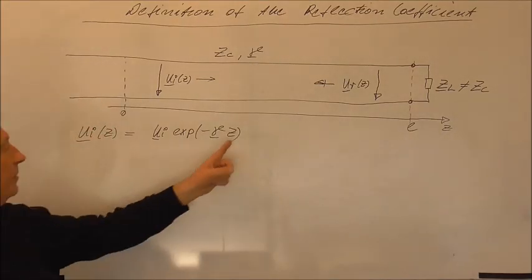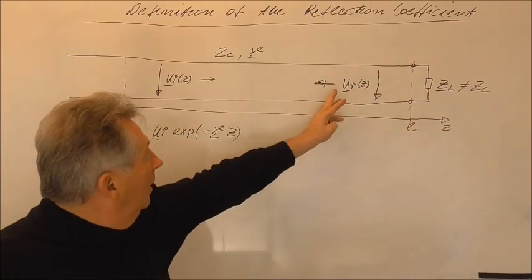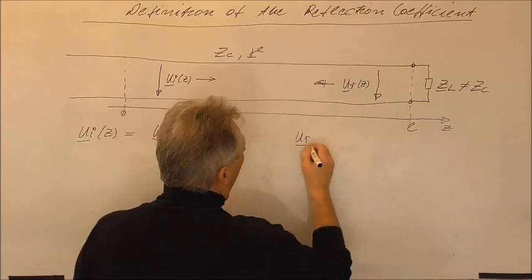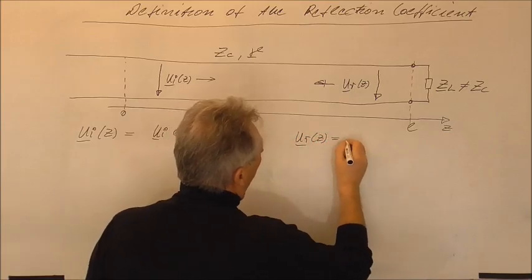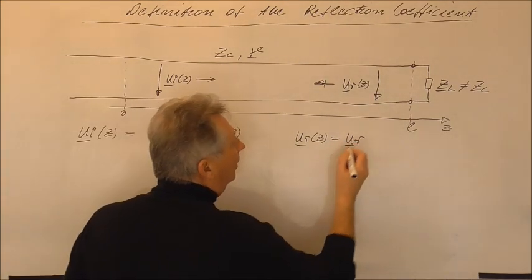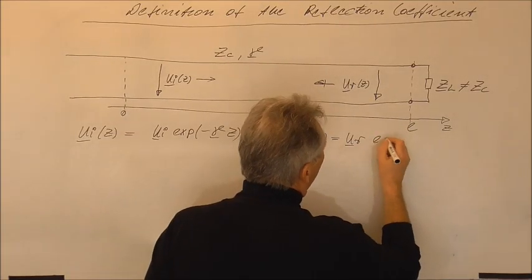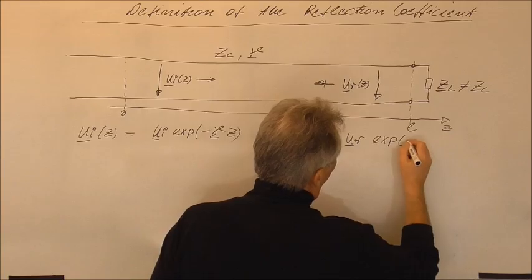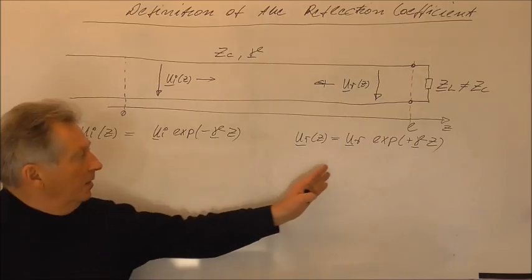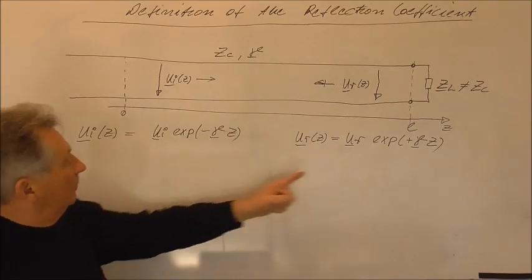So we know that this expression describes a wave which travels in the positive z direction. And this reverse traveling wave will be given by UR of z. It also will be a constant UR, but again we assume the functional dependence. It's also given by the exponential function, but now with a positive sign, gamma times z.